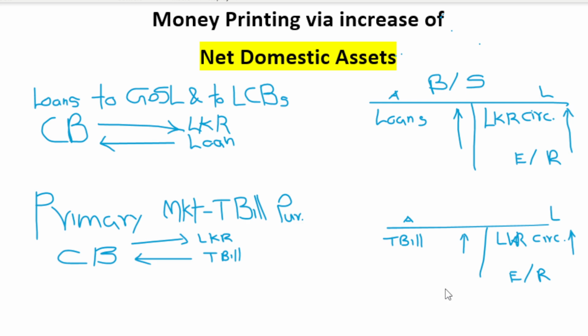Accordingly, when central bank purchases government securities, which includes both treasury bills and treasury bonds from secondary market to provide liquidity to the market, it increases domestic assets of central bank, thereby issuing new money to the economy. This increases rupee money holding of economy.